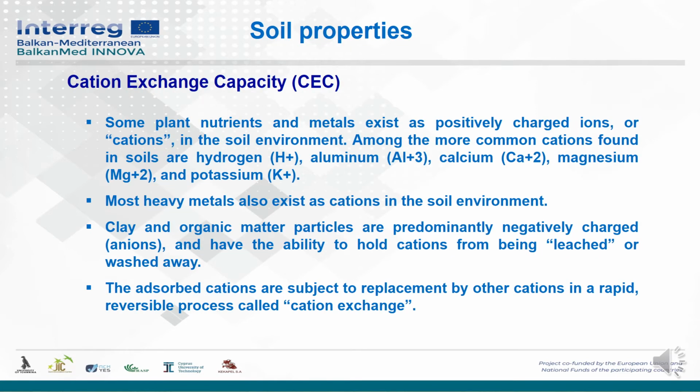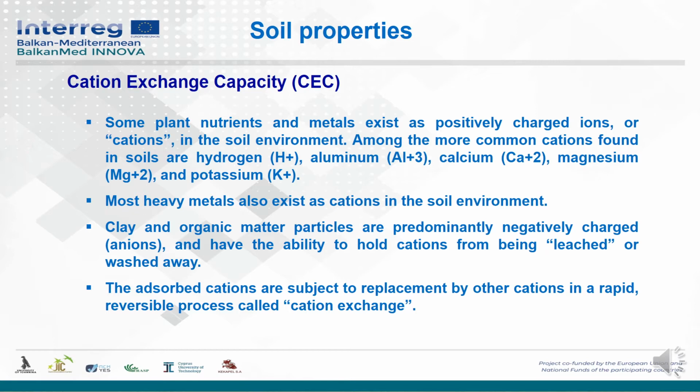Speaking still about cation exchange capacity, it is important to explain here that some plant nutrients and metals exist as positively charged ions, or cations, in the soil environment. Among the more common cations found in soil are hydrogen, aluminium, calcium, magnesium, and potassium. Most of the heavy metals also exist as cations in the soil environment.